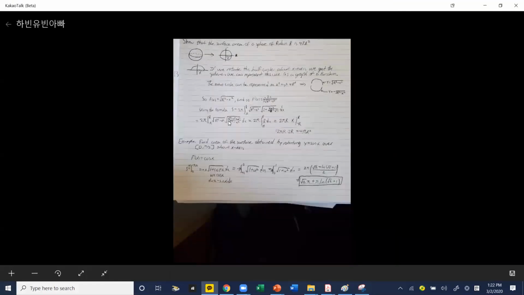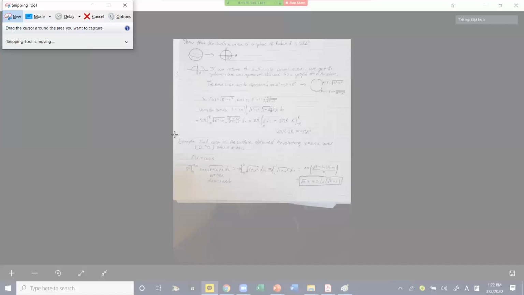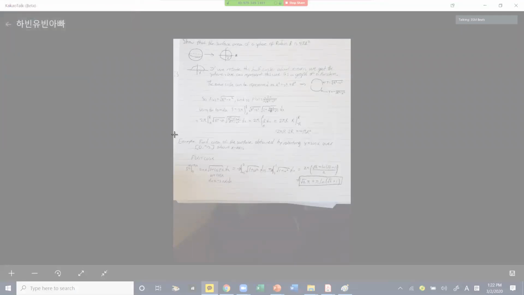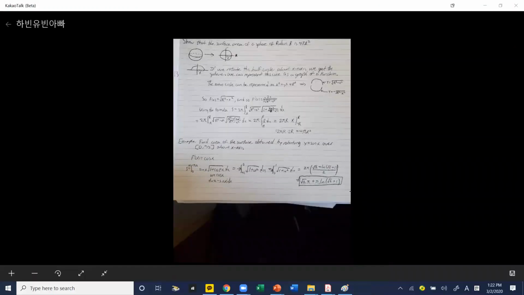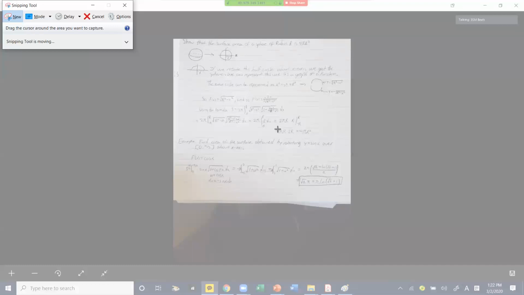You're talking about this one, right? No, so where it says show that the surface area of a sphere is 4 pi r squared. Yes. No, the one where it says show that surface area. You're talking about this part?